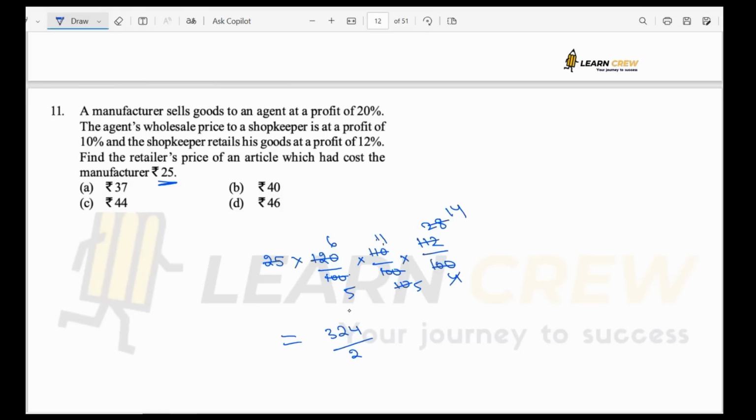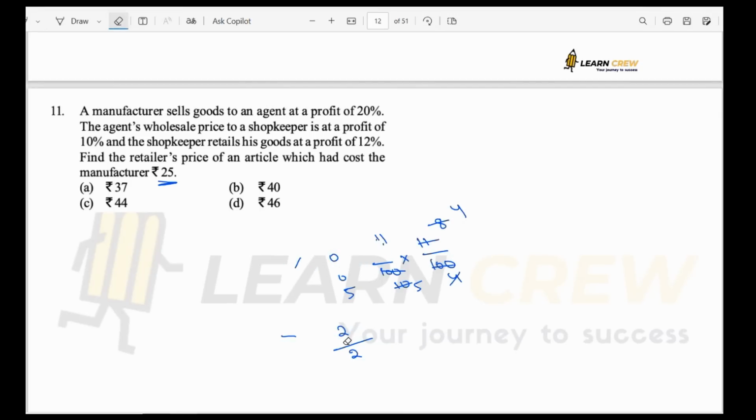What is the answer? Is there any error in my calculation?